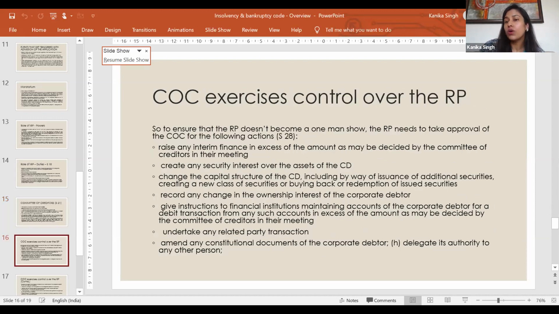So now is where the one-man show of the resolution professional has come to an end, and anything the RP has to do going forward, he can only do with the prior approval of the committee of creditors. So any finance that he needs to raise, any capital structure that he needs to change, any ownership rights that he needs to change, he can't do anything without taking the approval of the committee of creditors.